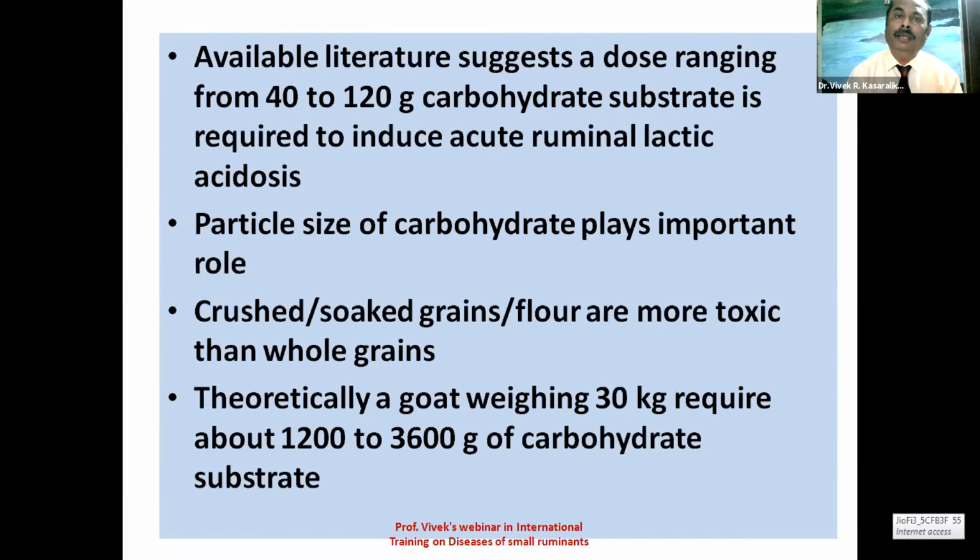But when we collected the history, when the case was presented to our hospital, we used to get surprised that the owner used to show a very small quantity. So this much carbohydrate has been eaten by this animal, and this is the pathetic situation of the animal.